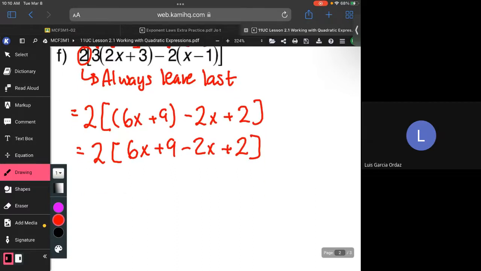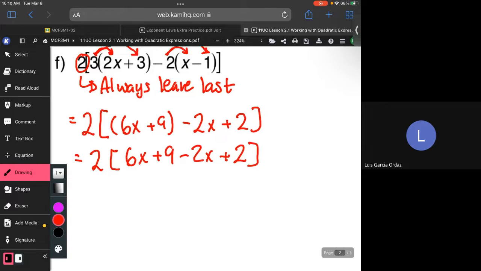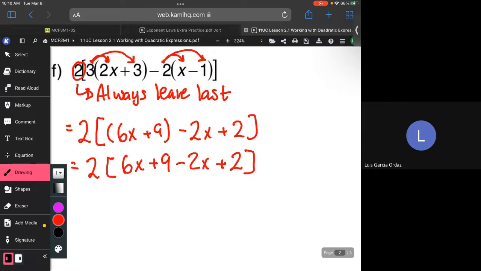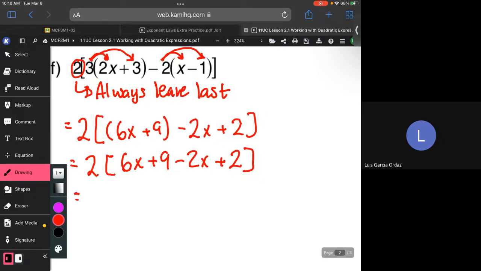What are my like terms in my square bracket? What does that give me? 4x. And my last pair is 9 and 2. What's 9 plus 2? 11.